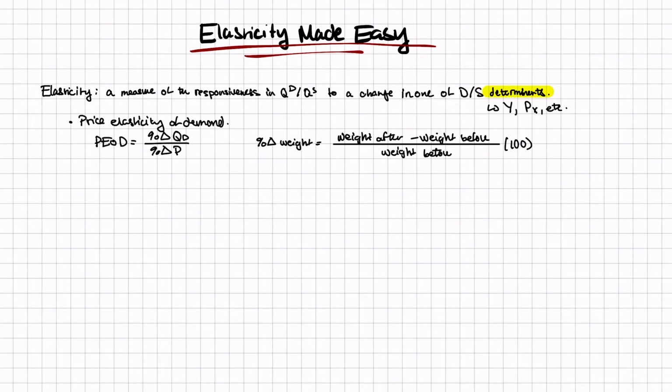So, for example, if I weighed 160 pounds before Thanksgiving and 180 pounds after Thanksgiving because I love cranberry sauce and turkey, the percentage change in my weight would be 180 minus 160, which is 20, divided by 160 times 100. This gives a 12.5% increase in my weight. Okay. That's how you calculate percentage changes.